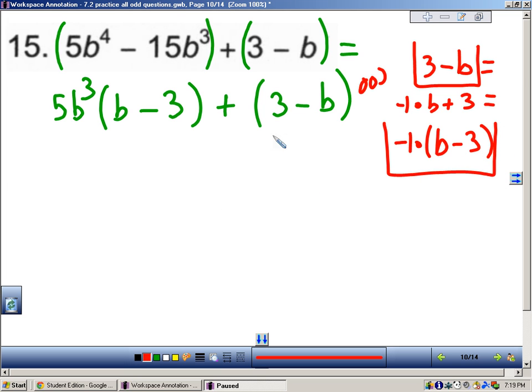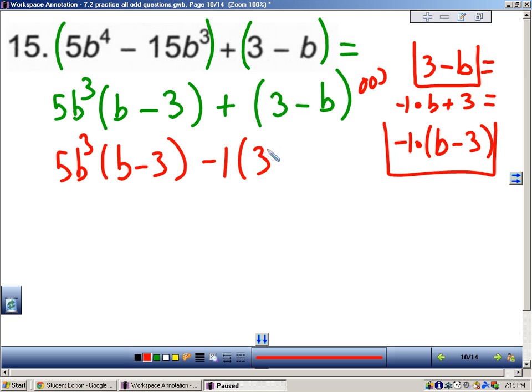So the left side of the expression remains the same. The right side becomes minus 1 times b minus 3.